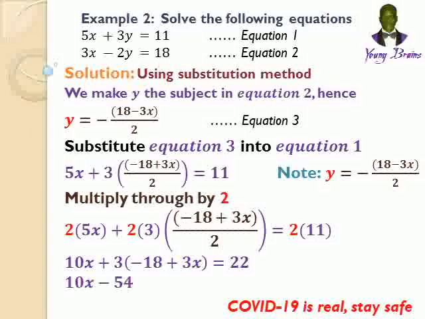We try to open the bracket, we have 10x minus 54 plus 9x equals 22. So to collect like terms, we have 10x plus 9x equals 22 plus 54. So it gives us 19x equals 76.